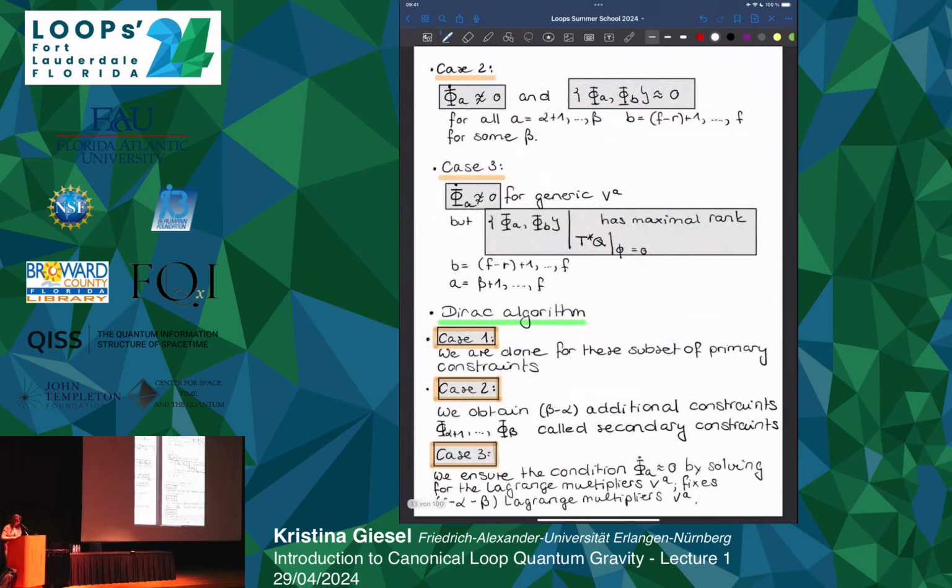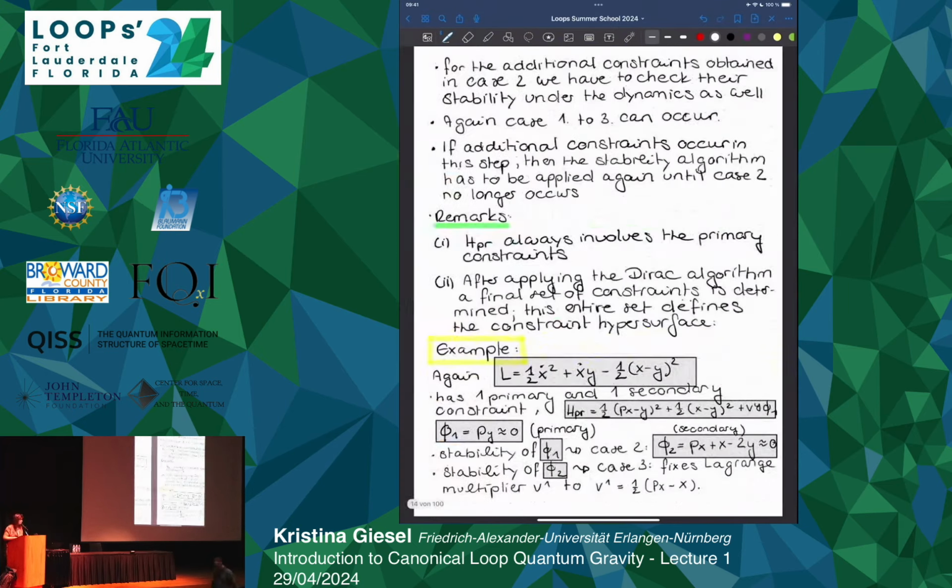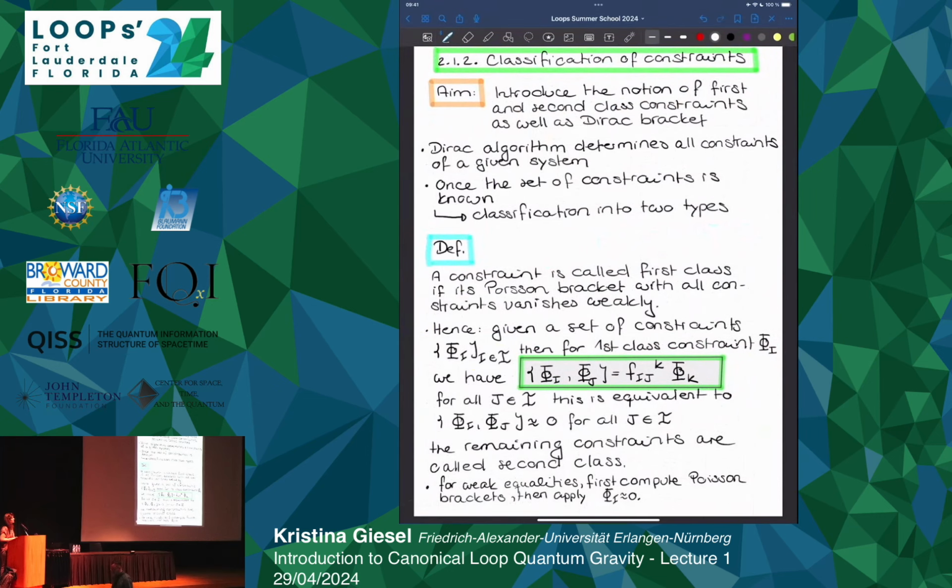Then let me continue. Now we have our final set of constraints, and we would like to classify them. The classification distinguishes two kinds of constraints, and this will also lead us to the notion of the Dirac bracket, which becomes important in the case of second class constraints.